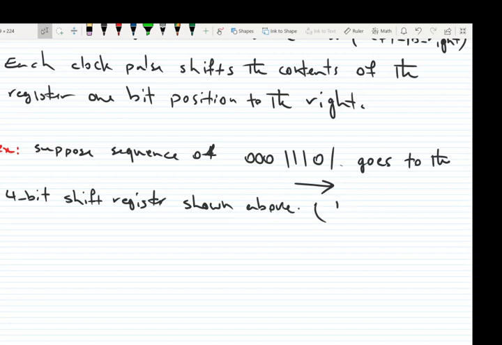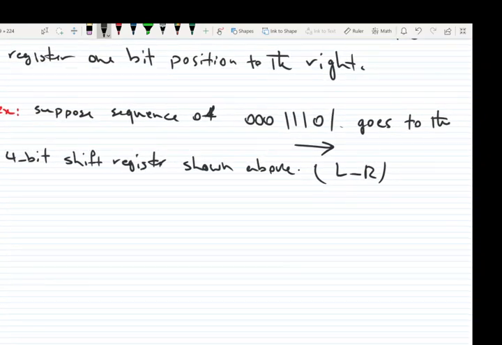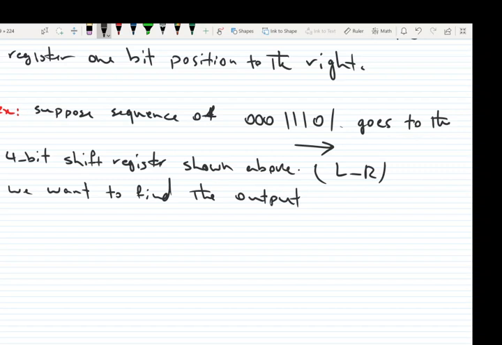So it is like a left to right shift register. We want to find the output for 8 clock cycles.